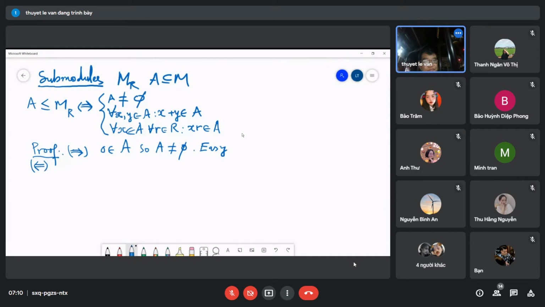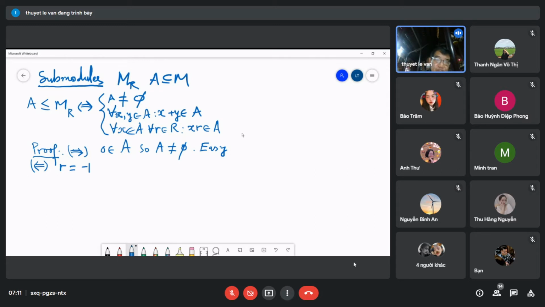Now the converse. First, you have A is not equal to the empty set. And for every x, y in A, you have x plus y in A. And for every x in A, for every r in R, you take r equal to -1.